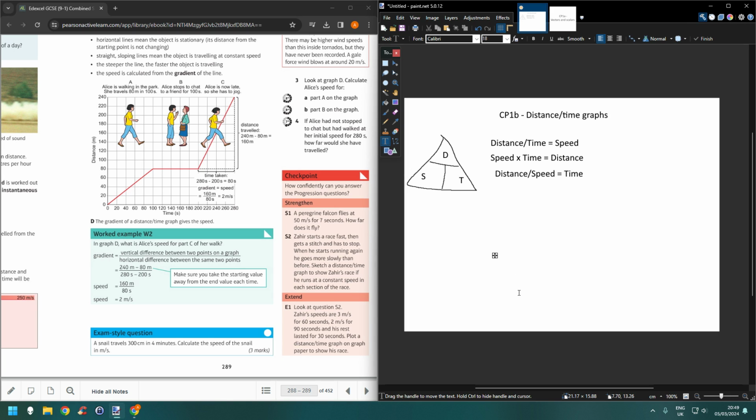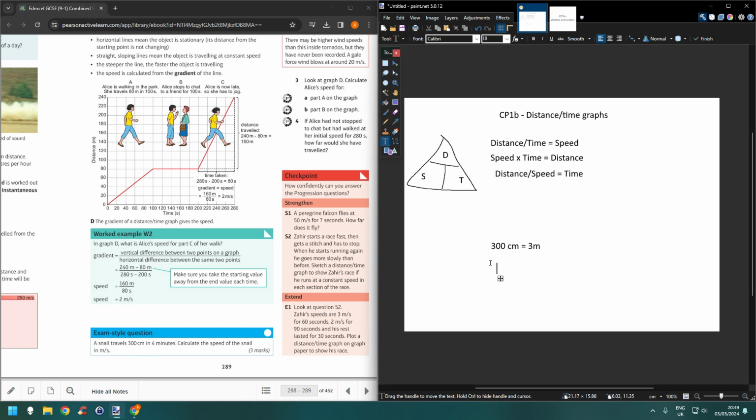A snail travels 300 centimeters in 4 minutes. Let's start off by converting 300 centimeters into meters. 300 centimeters equals 3 meters. So now that's nice and round in meters, in 4 minutes.